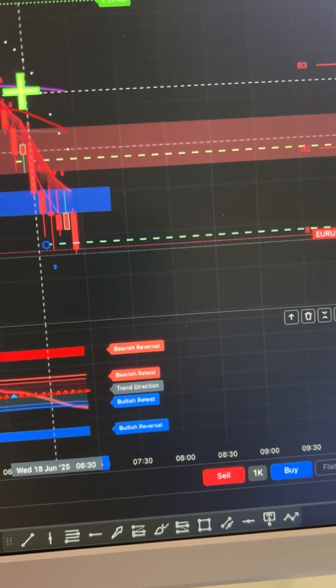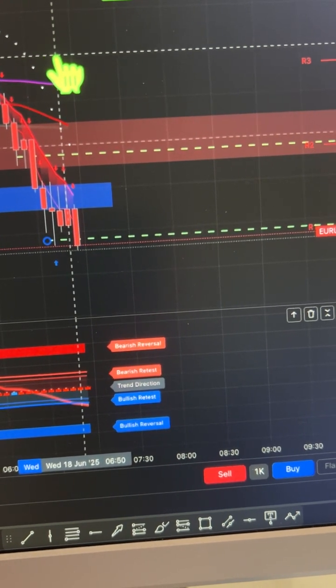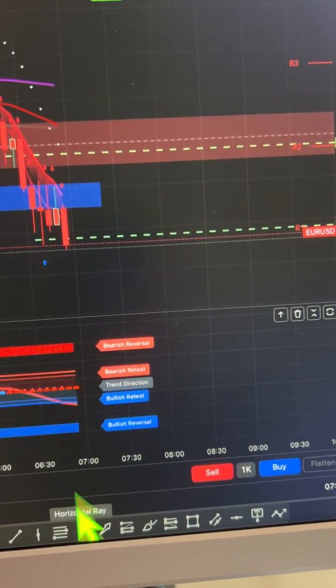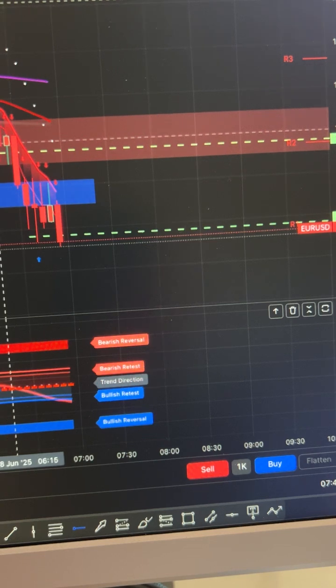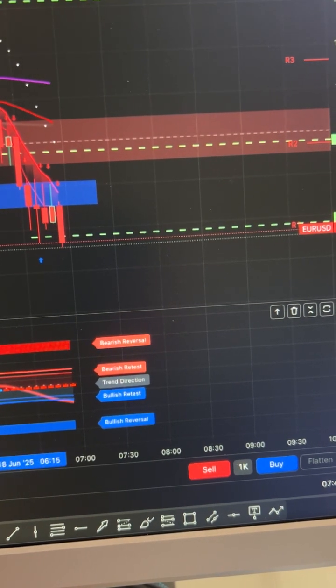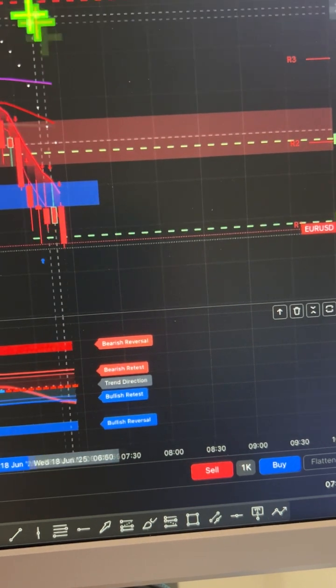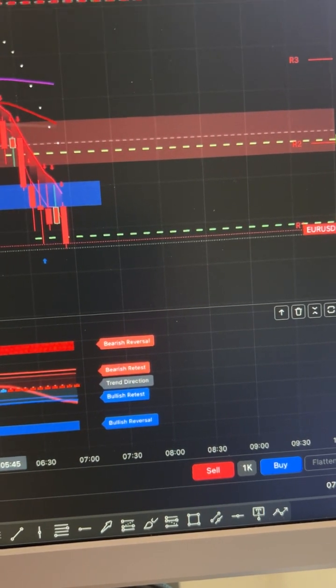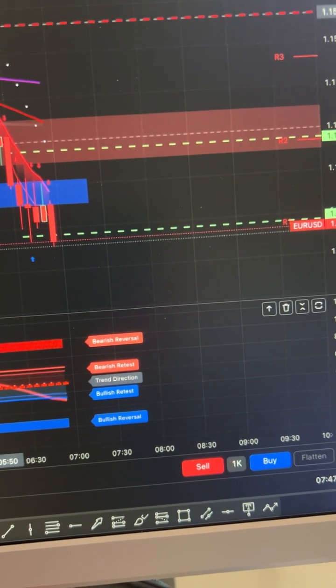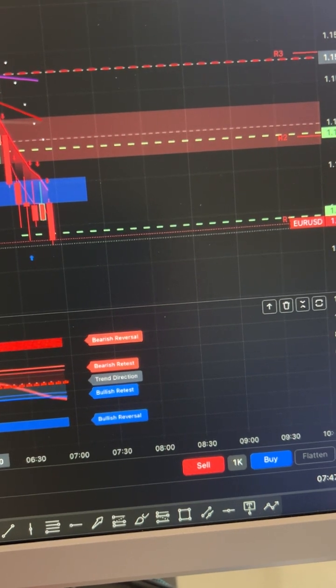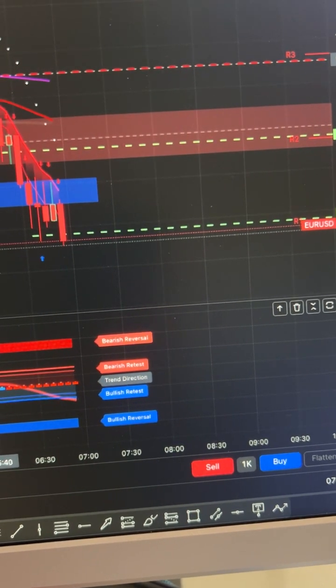Now what you do, if you had your stop loss, which probably would have been around here, now you got to get this really tight because you're thinking it might reverse. So when your stop loss was up here, then you can start bringing it down to your entry.